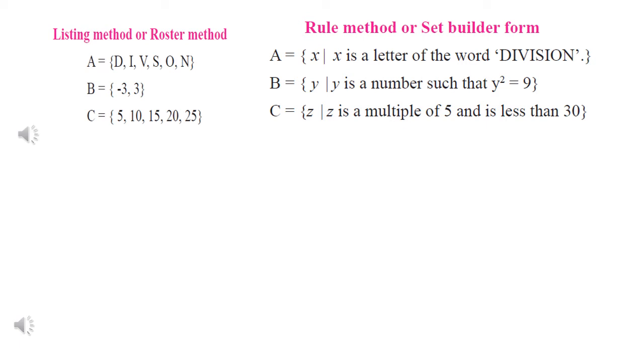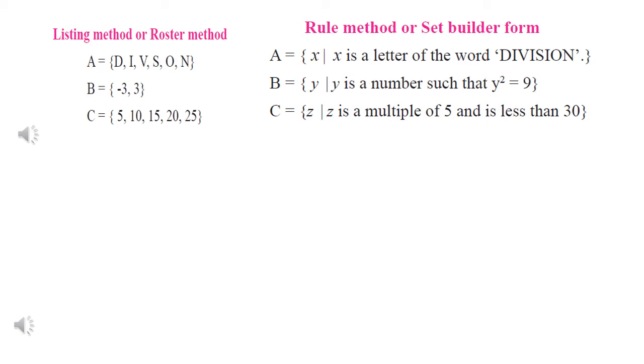Now here, whenever they give you any word like this, you always write it in capitals. And when I say x such that x is a letter, I always write in singular form. So I am writing about one element of the set. I will not write x are the letters of the word.